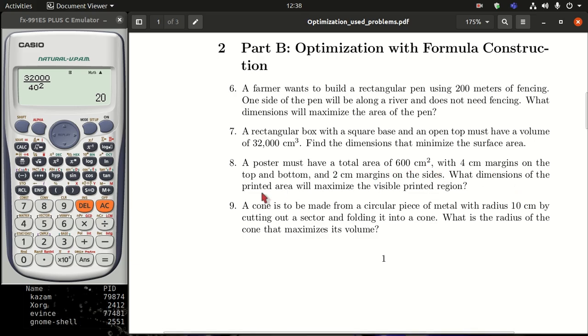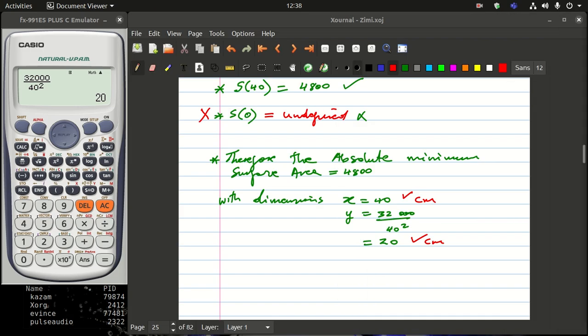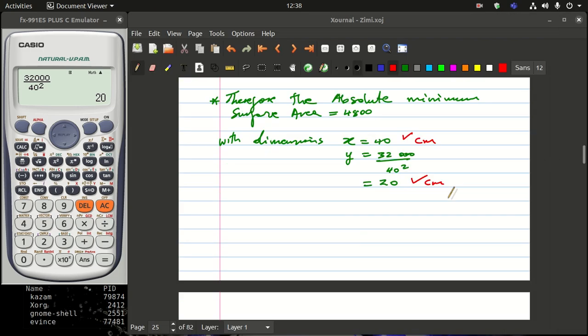What dimensions of the printed area will maximize the visible printed region? So one thing that I want you to realize here, when they're saying a poster, this question is assuming that your poster is going to be on an A4 paper.